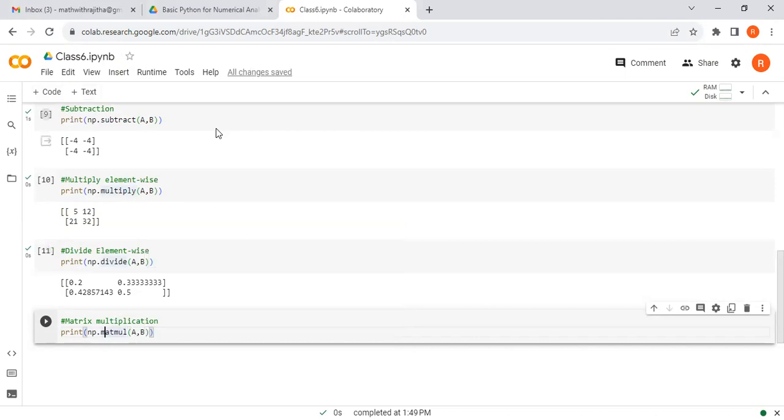Now can you remember the matrix multiplication? Let's recall. Our first matrix A is 1, 2, 3, 4.